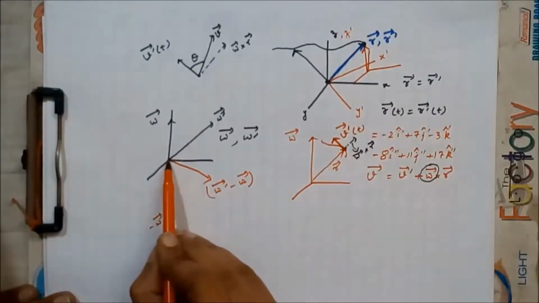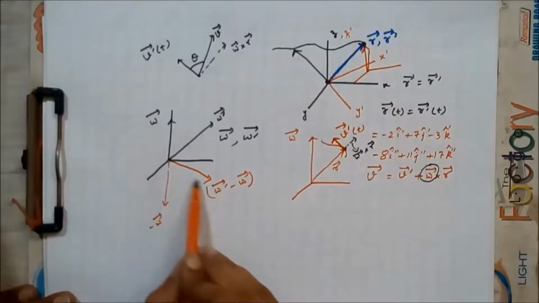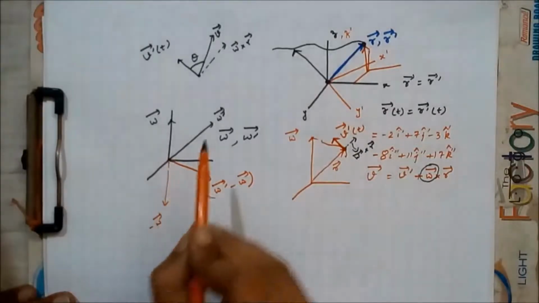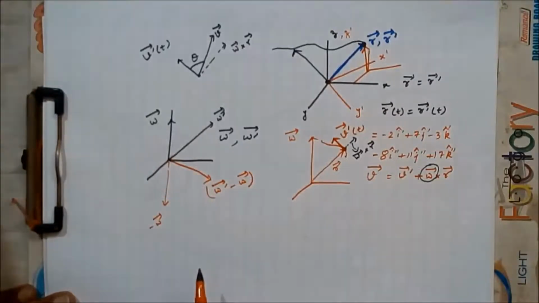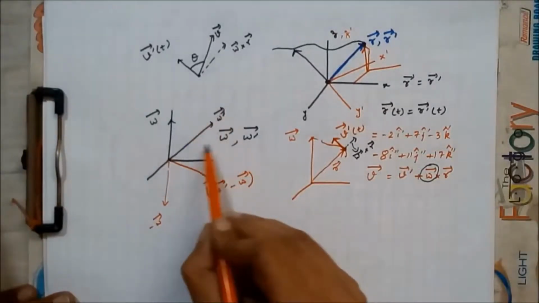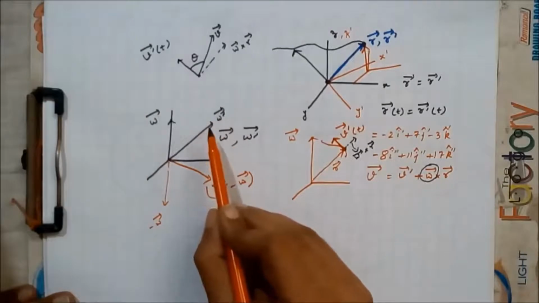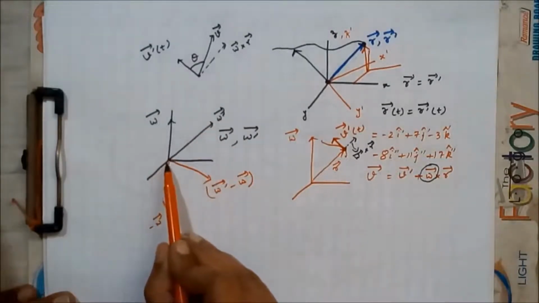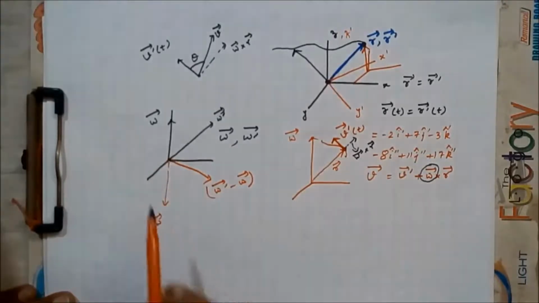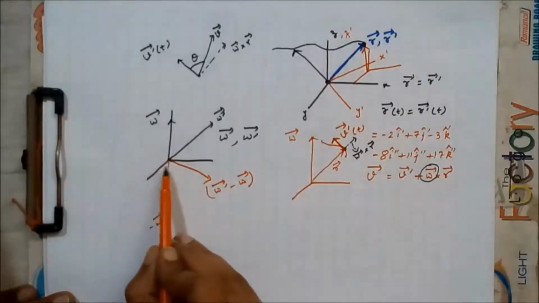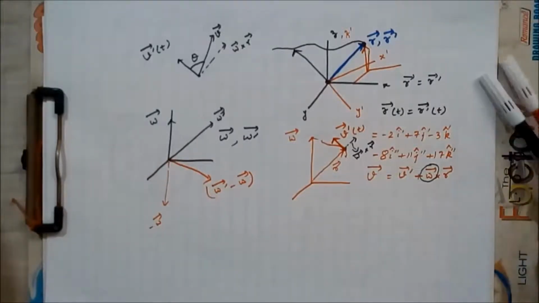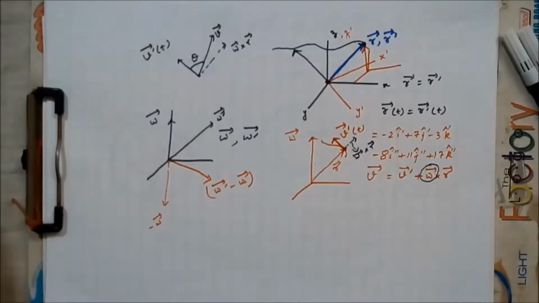In that case, we would have been describing a completely different vector. So the angular velocity as seen from the frame of reference of the primed frame would have been different from the angular velocity of the primed frame as seen from the unprimed frame. However, in that case, the unprimed frame will not remain an inertial frame. So I hope this takes care of any confusion you may have had.